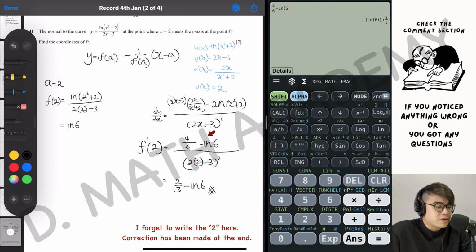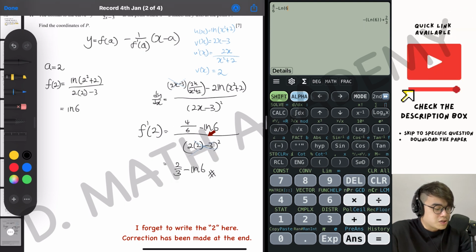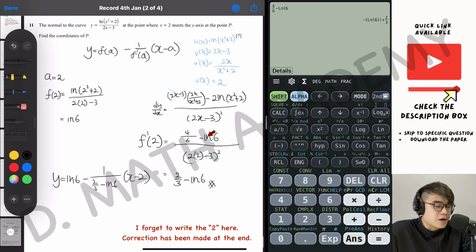So time to fill in the blank. So we have our y equals ln 6 minus 1 over 2 over 3 minus ln 6, and then x minus 2. So they wanted us to figure out where it meets the y-axis. When we meet at the y-axis, it tells us that our x will be 0 by then.